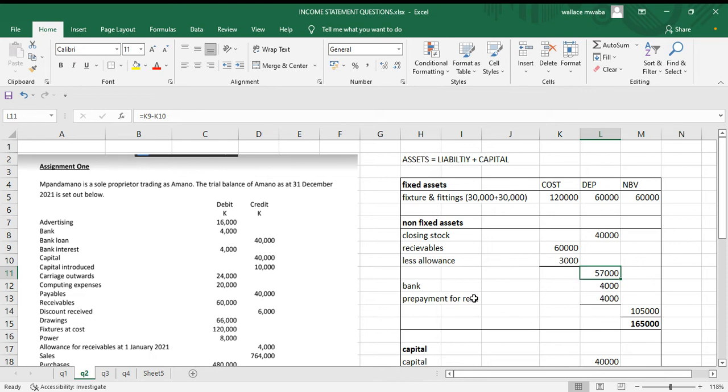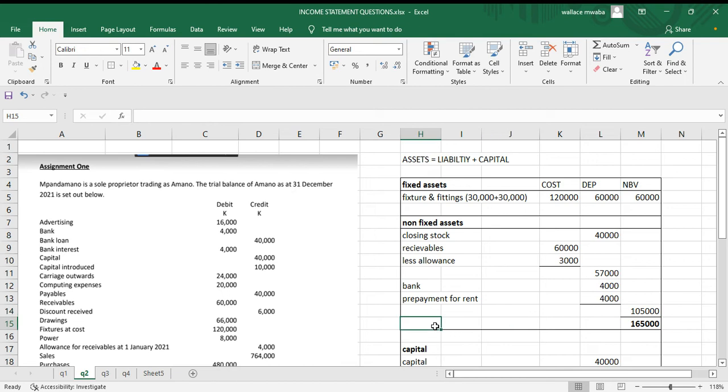Then on bank, we got 4,000. We also have the prepayment for rent. Remember, prepayment is also a current asset, 4,000. So we're going to say 4,000 plus 57,000 plus 4,000 plus 4,000 gives us a total of 105,000. So our total non-fixed assets are 105,000.